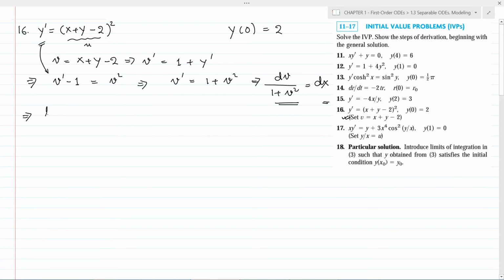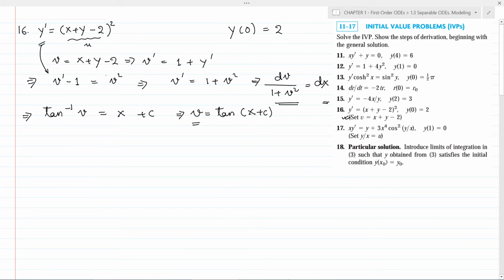This implies tan inverse v = x + c, or v = tan(x + c).